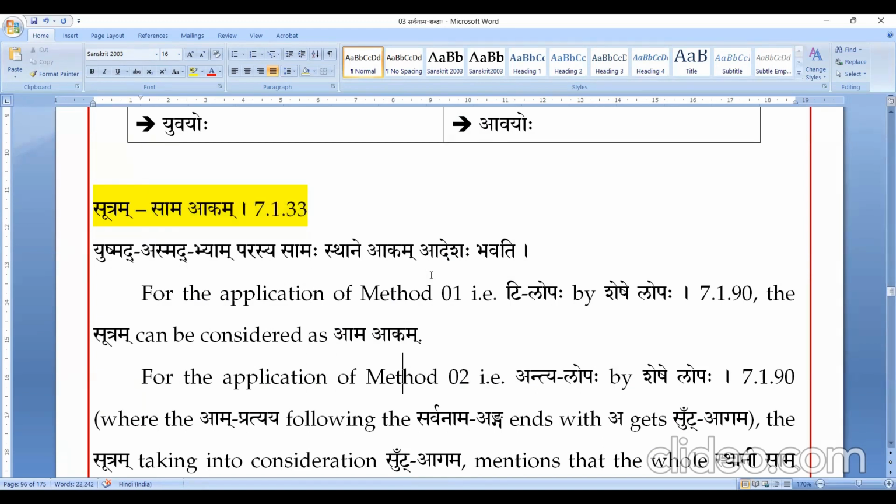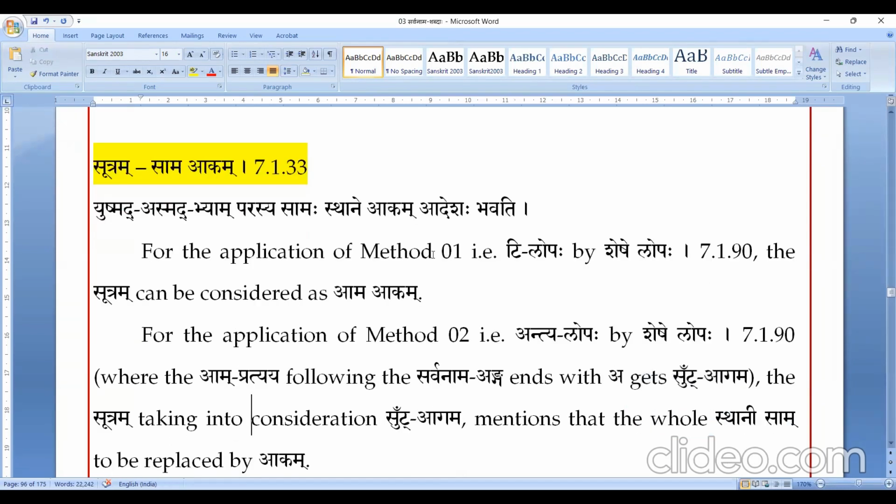For the application of method 2, Antyalopaha, when Am Pratyaya follows Sarvanama Anga that ends with Akara, by Ami Sarvanamnaha Sut, Am will get Suttakama, therefore you get Sut. Taking the sutra into consideration, Sthani becomes Sam.